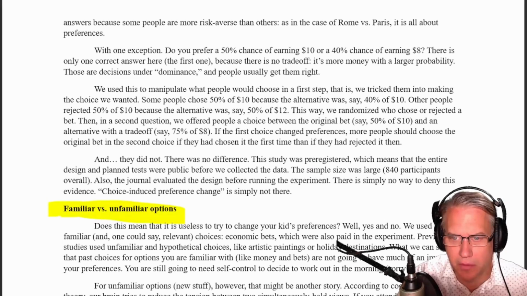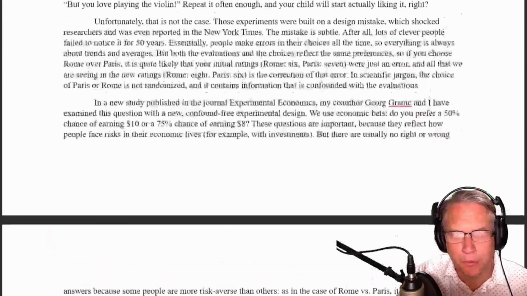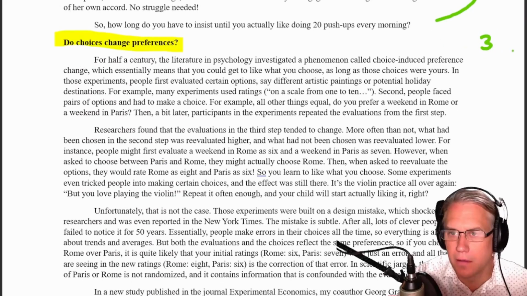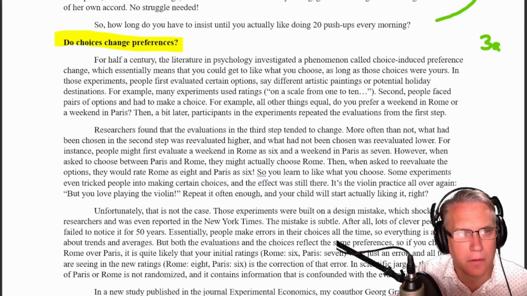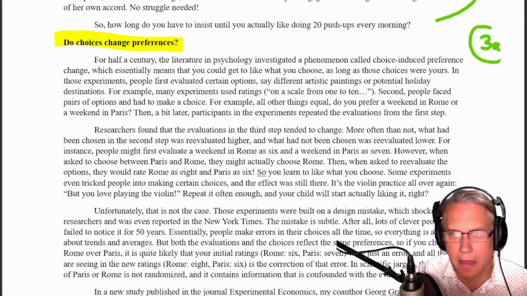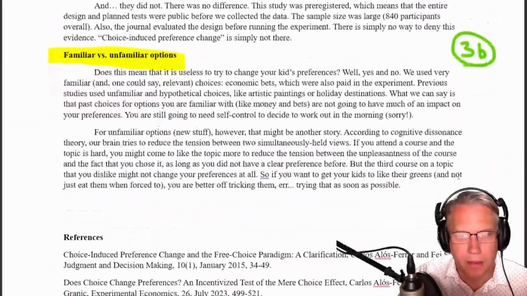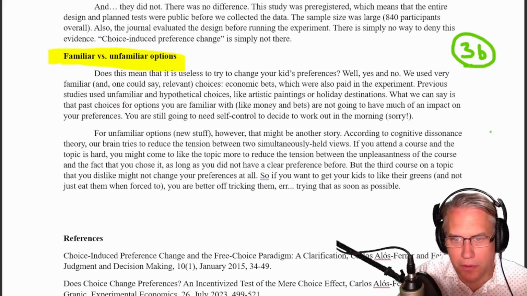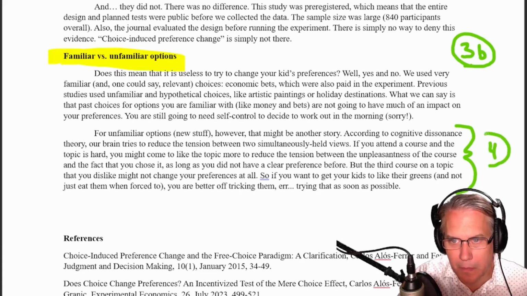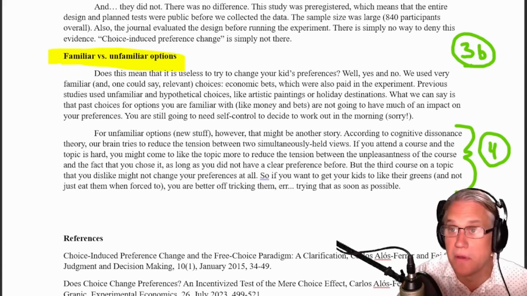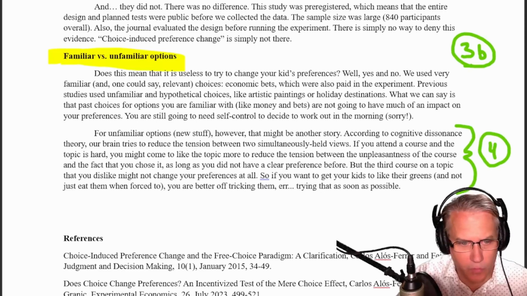So again, I guess we can call that 3A and 3B. And then number 4, we're going to look just at the very last paragraph only. That'll be number 4. And this will all be before we do any serious or deep reading.